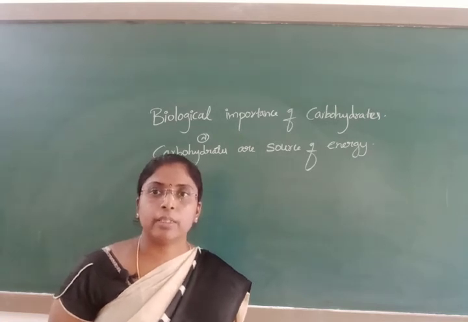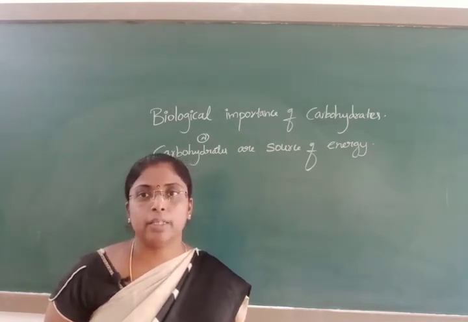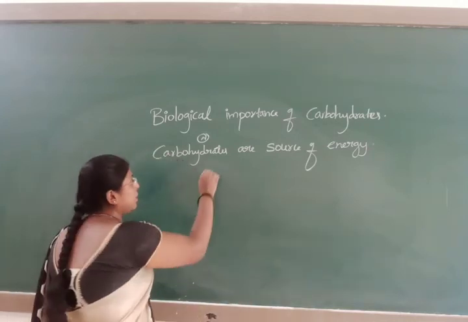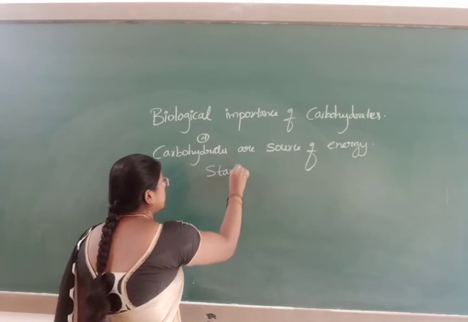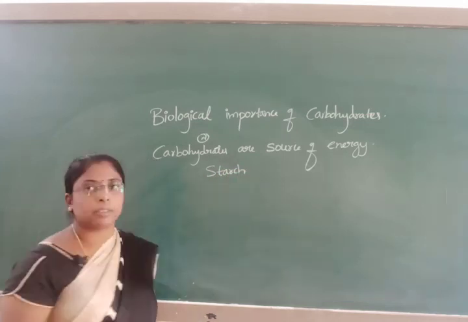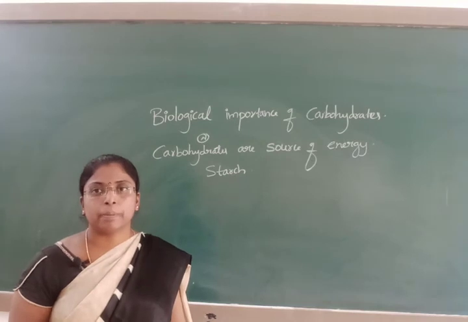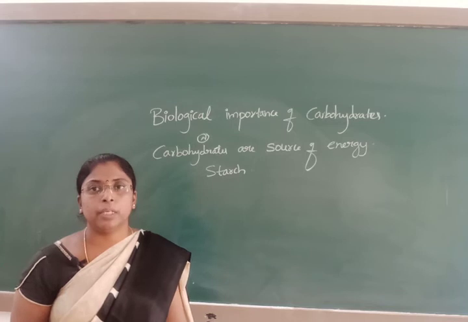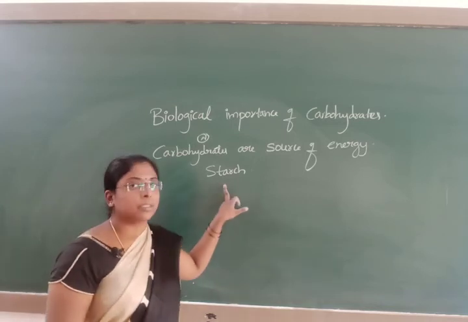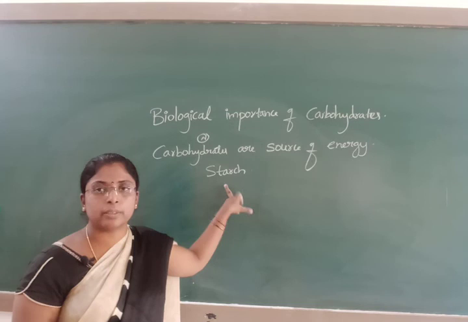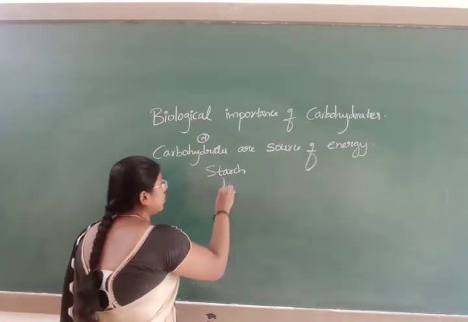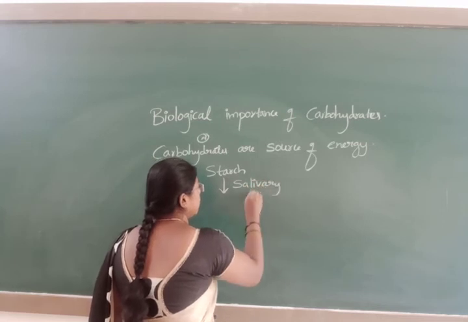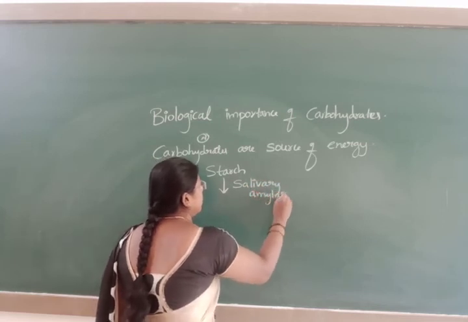The food we eat contains starch. When we intake the food, it mainly contains starch. Starch is the storage polysaccharide which is present in plants. Starch undergoes hydrolysis in the presence of salivary amylase, or ptyalin.